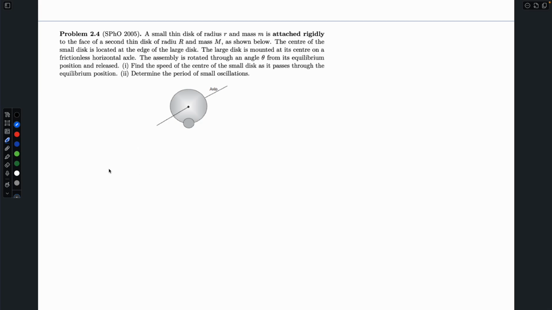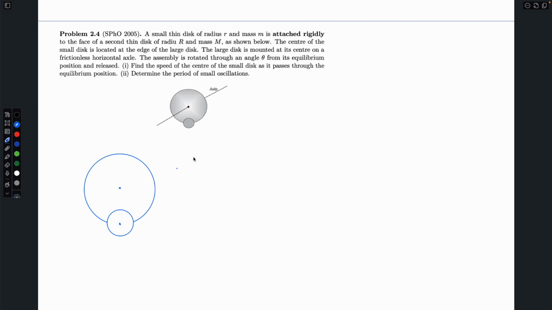So the setup is basically you have a big disk and then you have a small disk, right? So the idea is that you basically need to do a superposition of the moments of inertia.